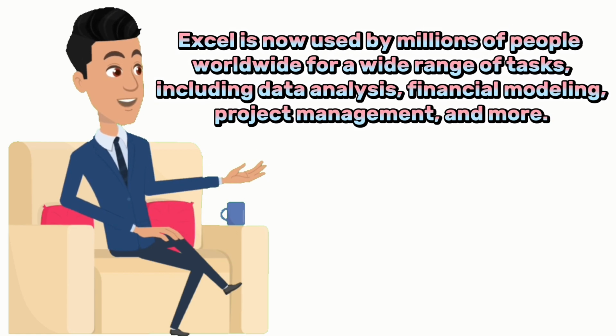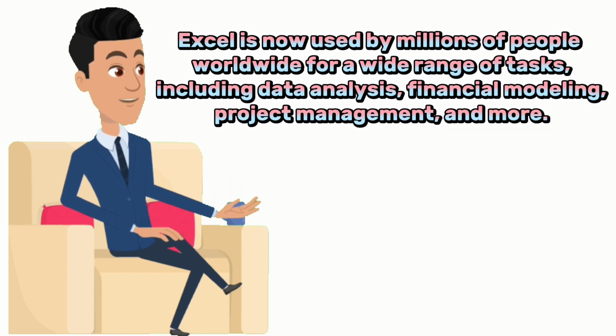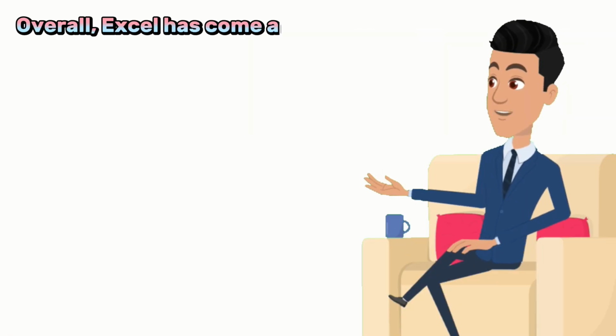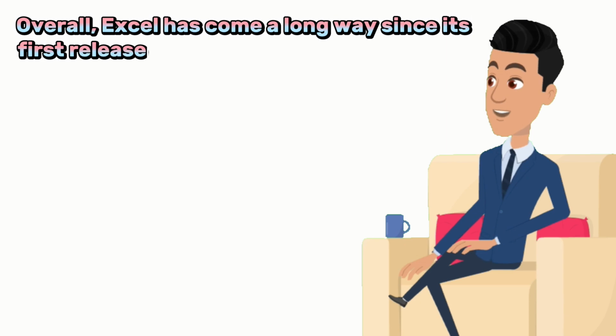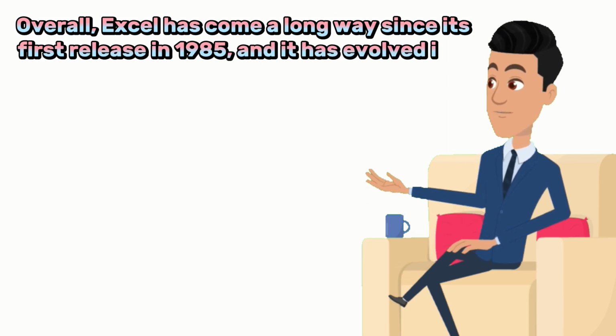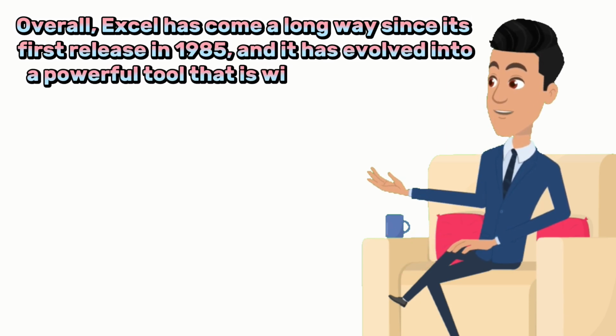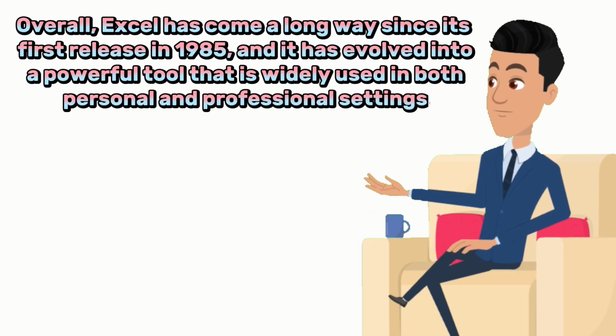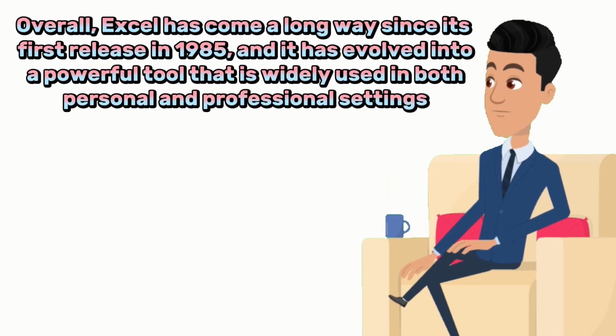Excel is now used by millions of people worldwide for a wide range of tasks, including data analysis, financial modeling, project management, and more. Overall, Excel has come a long way since its first release in 1985 and it has evolved into a powerful tool that is widely used in both personal and professional settings.